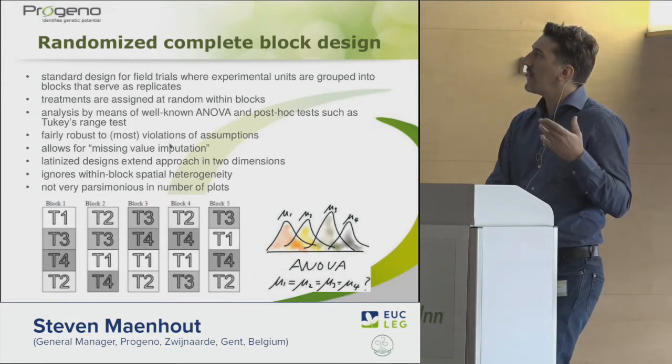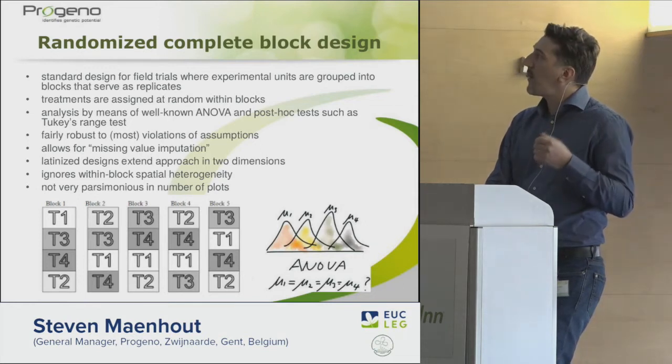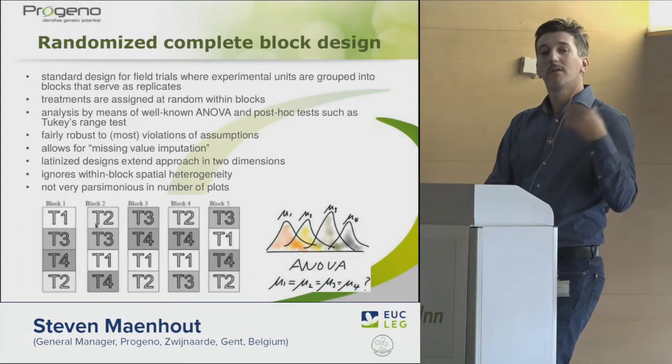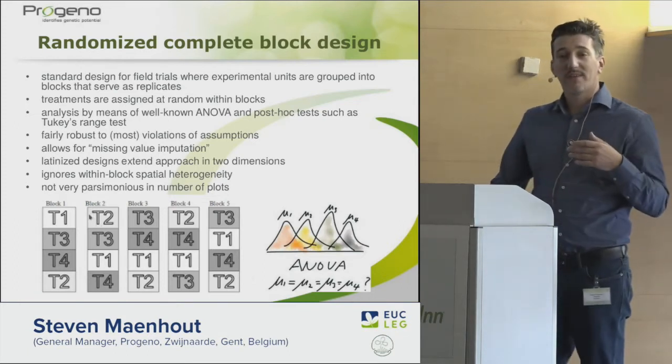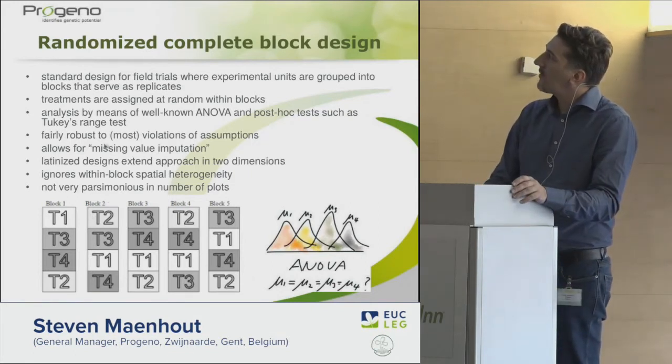It has been shown that these tests, like the post hoc test, still provide good p-values. However, if you have different residual variances, for example per treatment or per block, that would be a gross violation of assumptions, and then it wouldn't count. So it's very relative, but anyhow, it allows for missing value imputation.